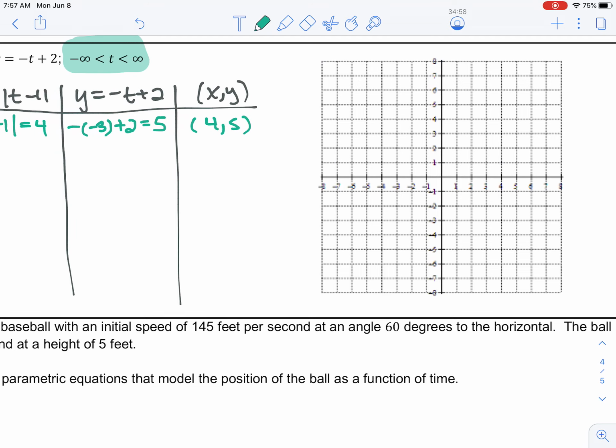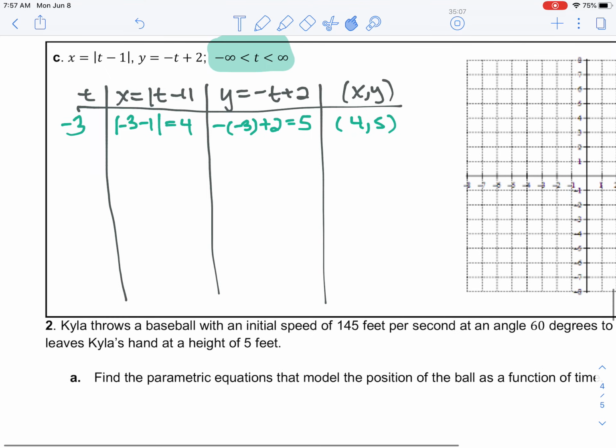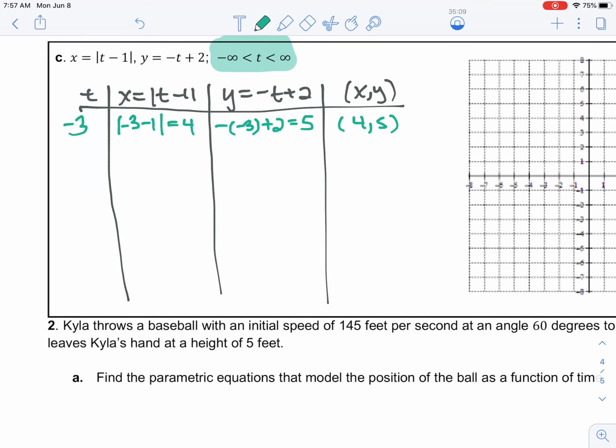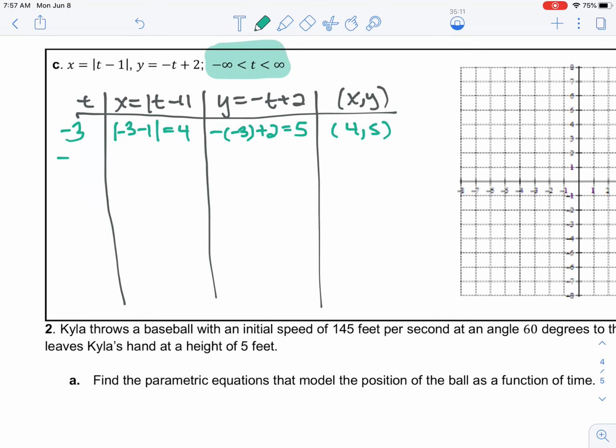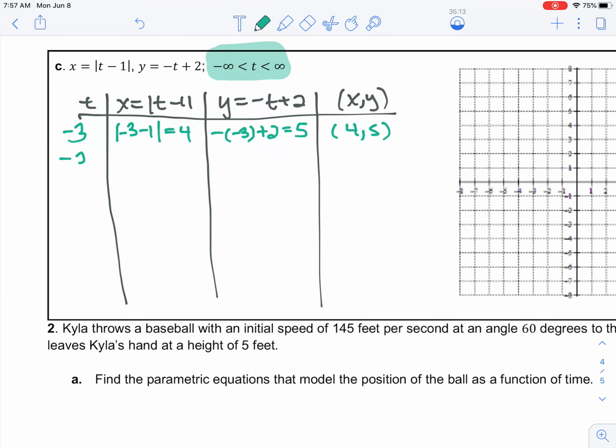So we'll go ahead and graph that 4, 5 on our grid, right? And you can see that that's a little bit more helpful than 11, 12.